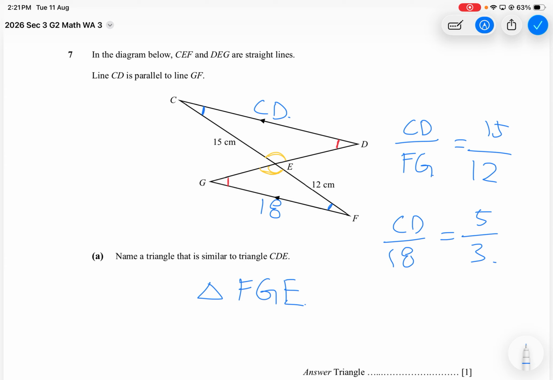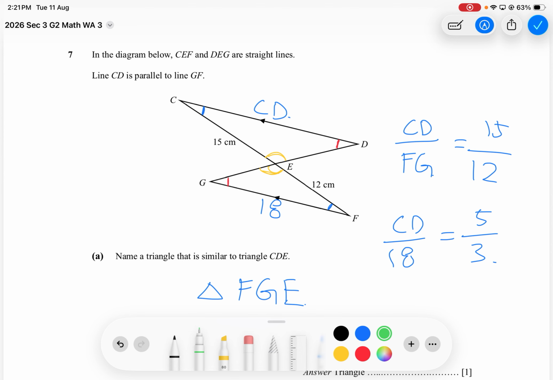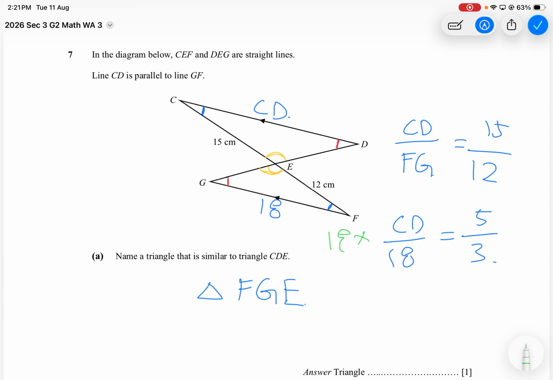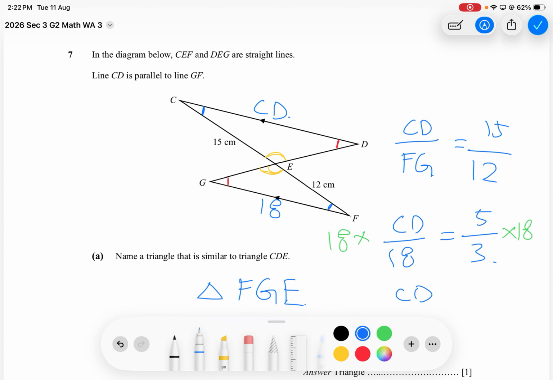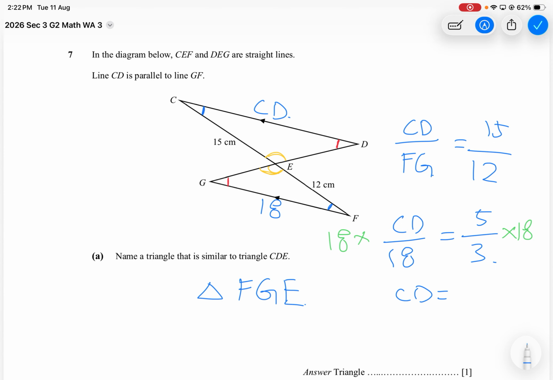I want to make CD the subject. I don't want this 18, so I multiply 18. If I multiply 18, it will cancel. In an equation, I want to multiply 18, I must do the same thing on the other side, also multiply 18. Then the left hand side cancels away, left with CD equals 5 over 3 times 18.